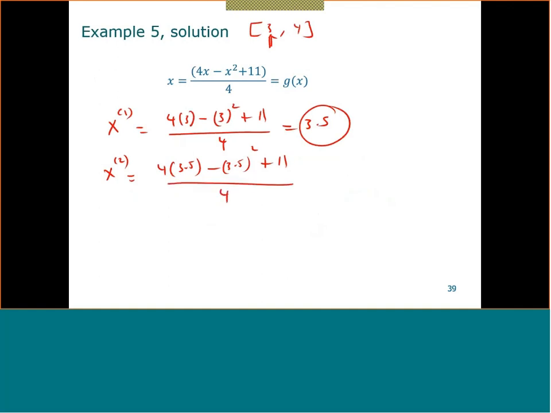So I start with 3, the answer jumps to 3.5, now goes down to 3.1875. It seems it is working.